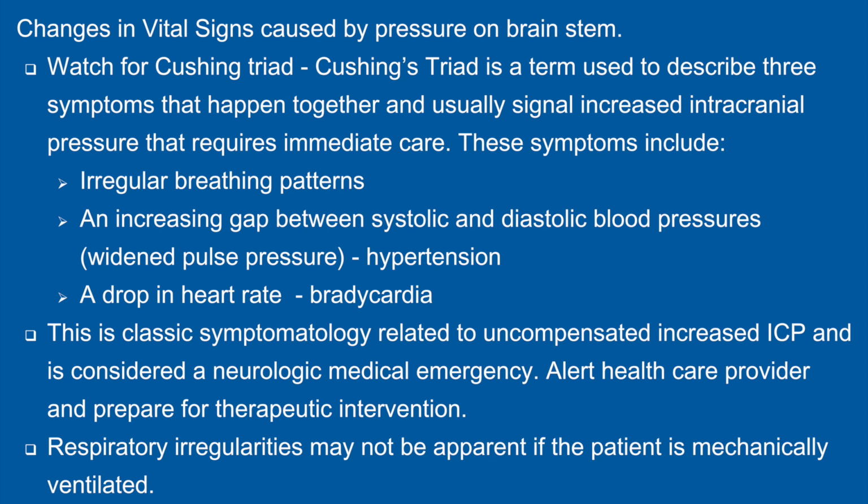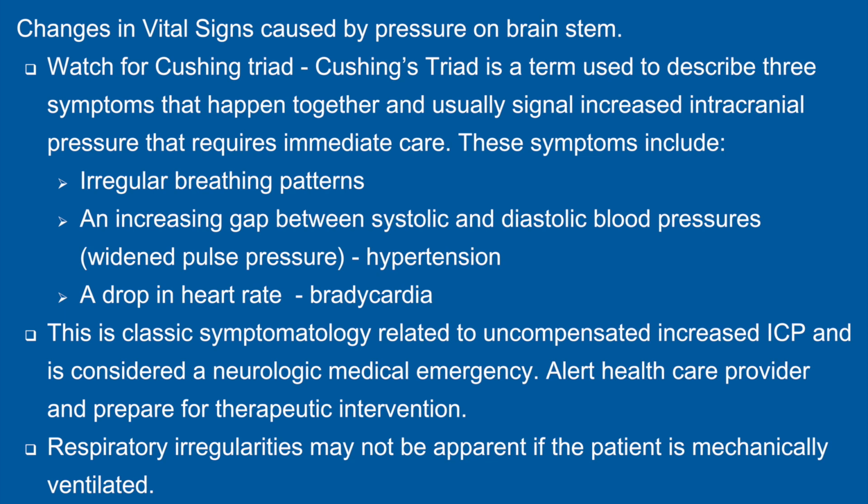We have to watch for Cushing's triad. Cushing's triad is a term used to describe three symptoms that happen together and usually signal increased intracranial pressure that require immediate care. These symptoms include irregular breathing pattern, an increasing gap between systolic and diastolic blood pressures, widening pulse pressure, hypertension, a drop in your heart rate, bradycardia.